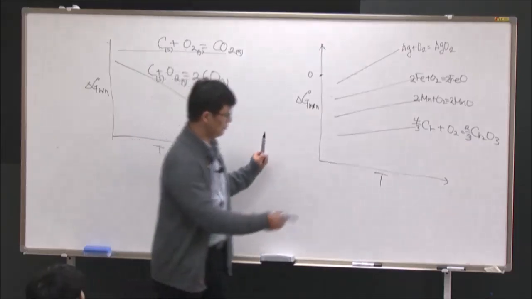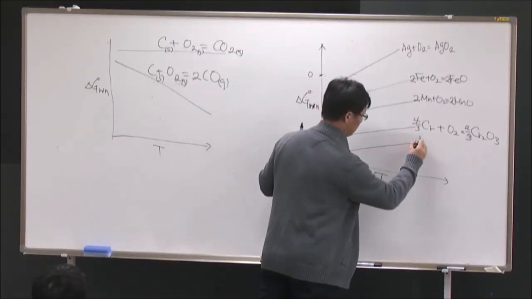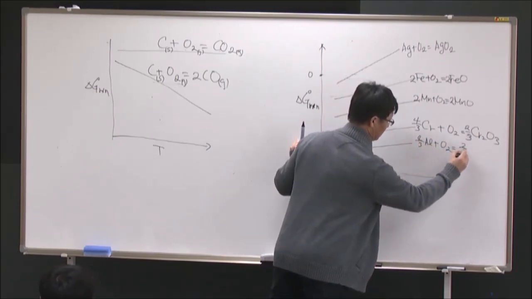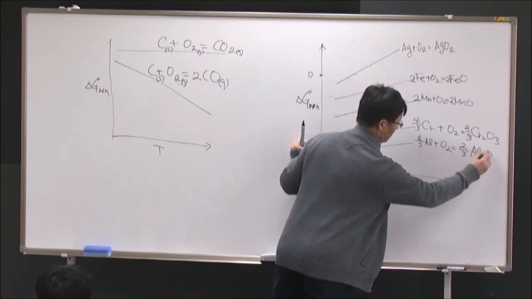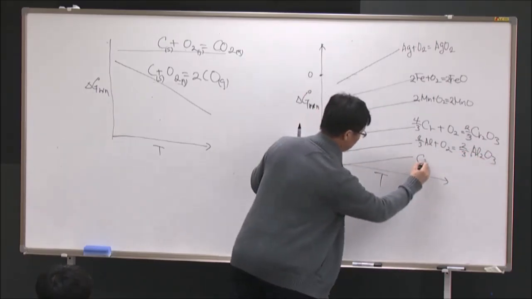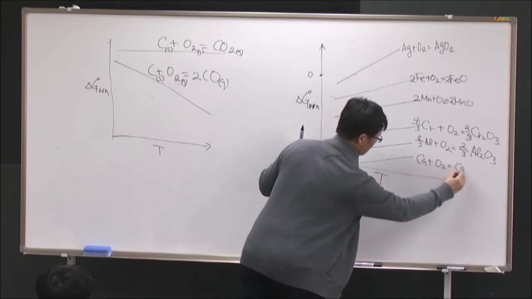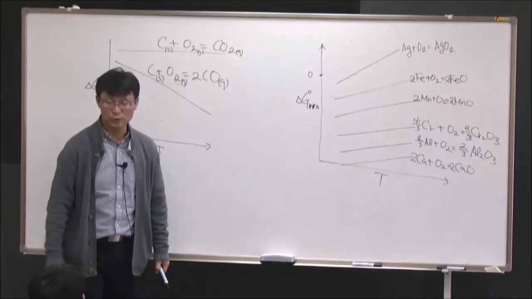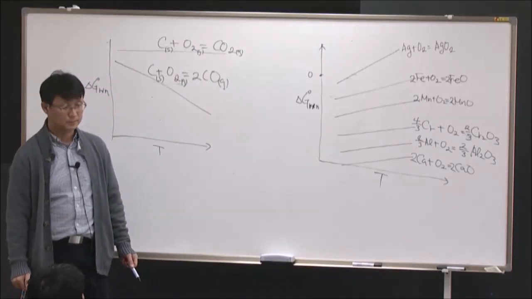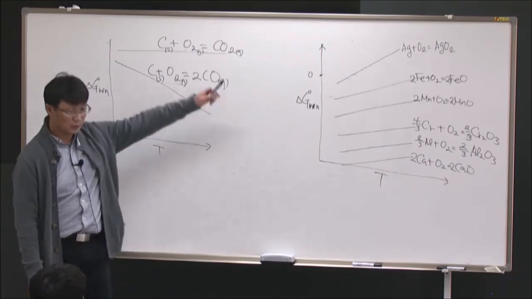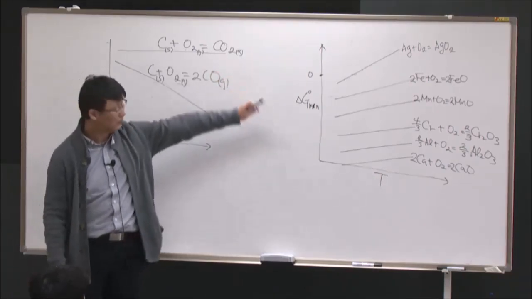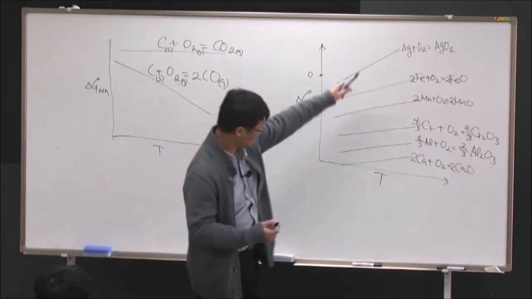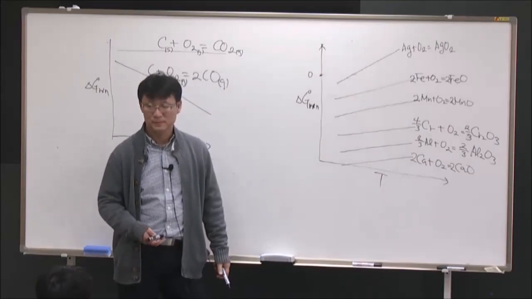Okay, chromium, and then you could have something like this. You could find all this kind of thing. Okay, there are tens of them, but some of the most common ones you can see in materials science are this kind of thing.